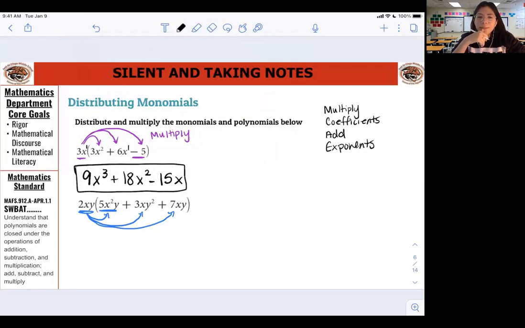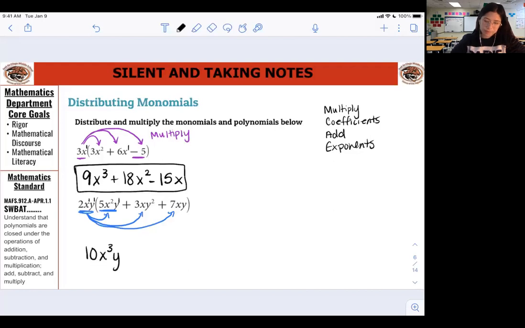Okay, 2 times 5, I multiply the coefficients, so I get 10. If you have any variables that don't have an exponent, I like to fill in the 1 because it just helps me to see it. So what exponent does the x get? 3.